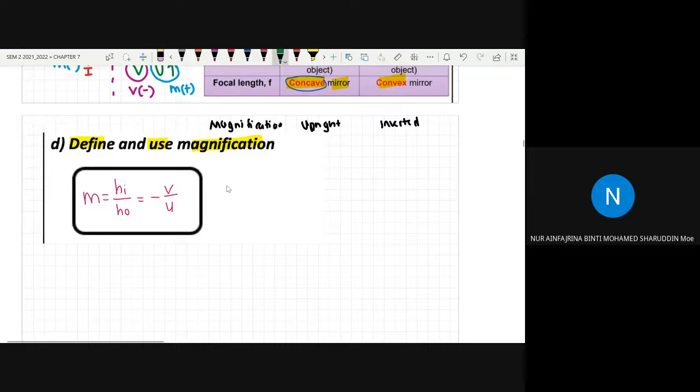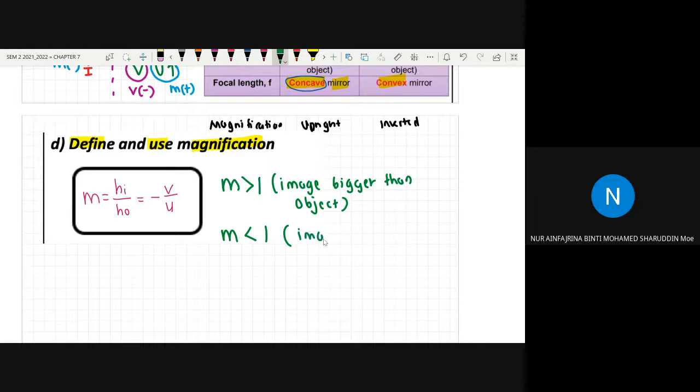Contohnya kalau awak dapat nilai magnification bigger than 1, maksudnya image awak bigger than object. Tetapi kalau awak dapat magnification less than 1, maksudnya image awak smaller than object.